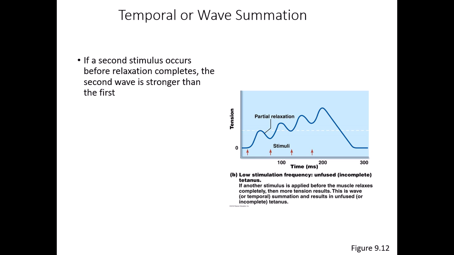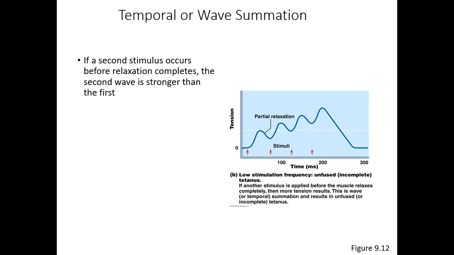And so we can start to follow a normal kind of myogram. So we have our latent period, and there's the stimulus and the latent period, and then the contraction period. We see our peak for that first tracing. And then as we begin to relax, notice we never get back down to that 0 because another stimulus is introduced.